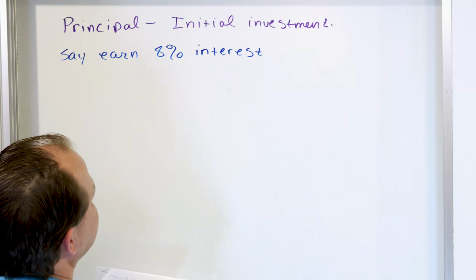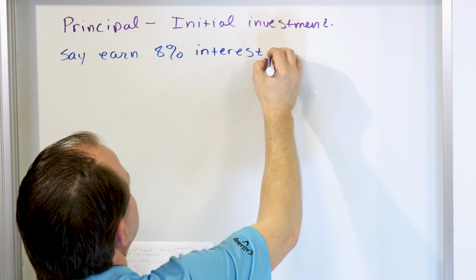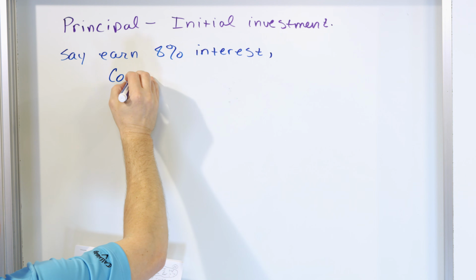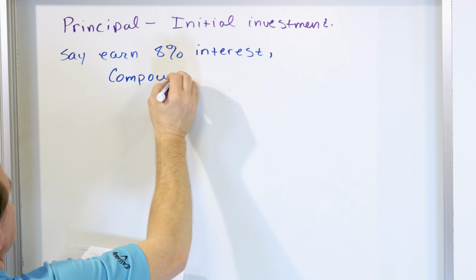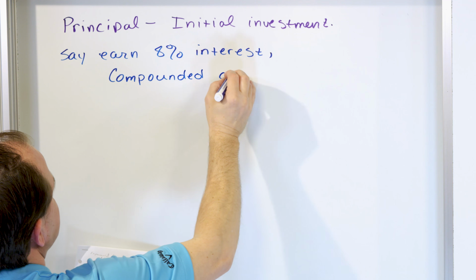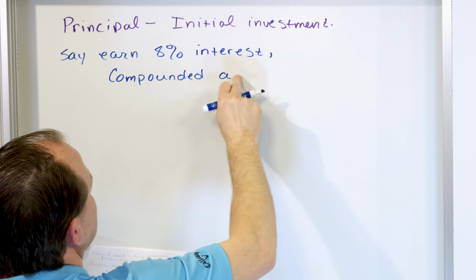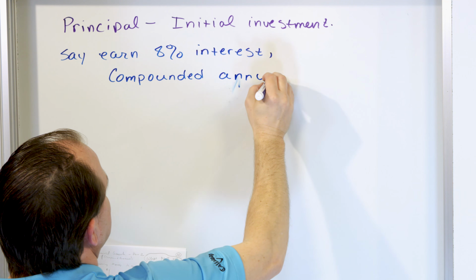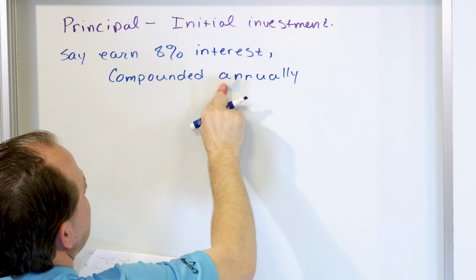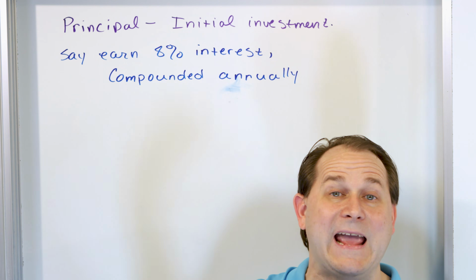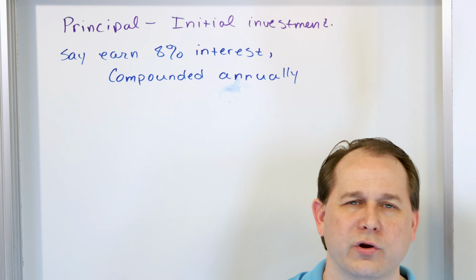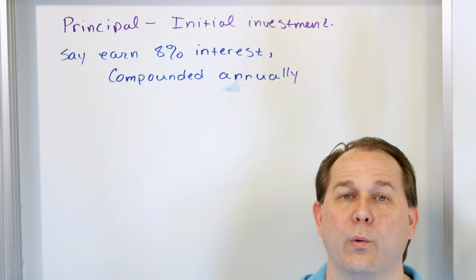Now we have to talk about something else, which is called, let's say that it's compounded annually. You're going to start to see something where it talks about compounding annually or compounding quarterly or other kinds of compounding. Don't get so worried about it.